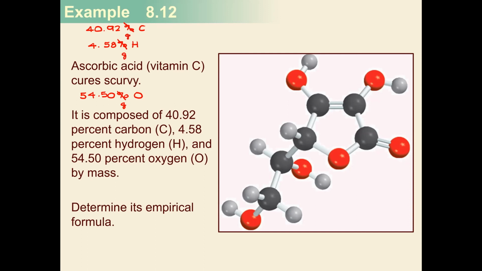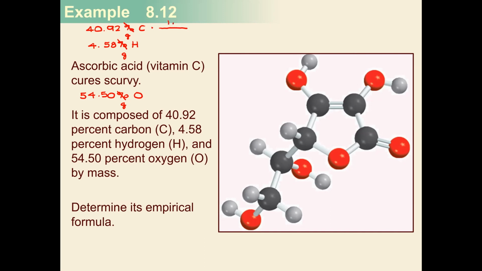If we assume 100 grams, we know that 40.92% of that is going to be carbon, so we just change it to grams. If we have a 100-gram sample, we know that 4.58% of that is hydrogen. We can just change it to grams and do the same for our oxygen. So now we must go and divide by the molar mass of the individual atoms.